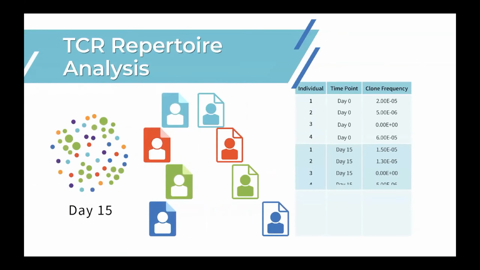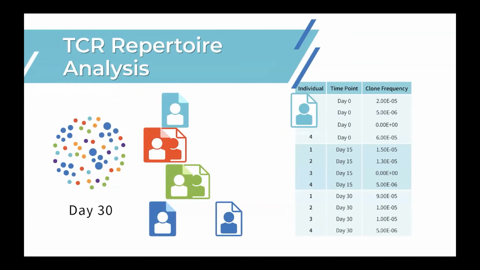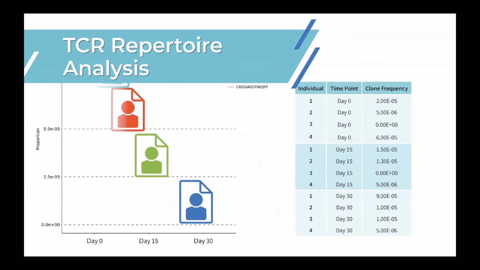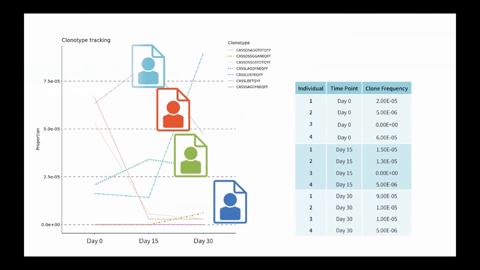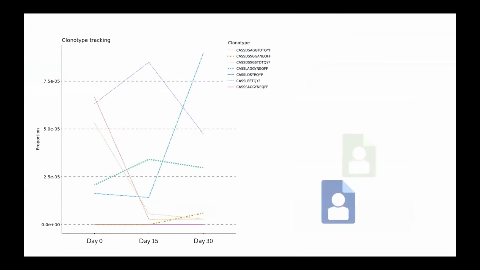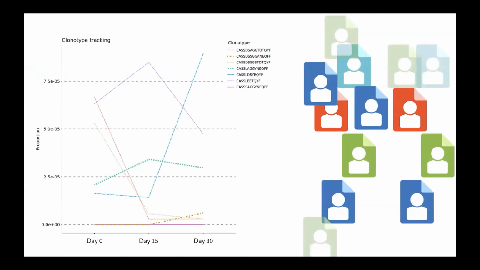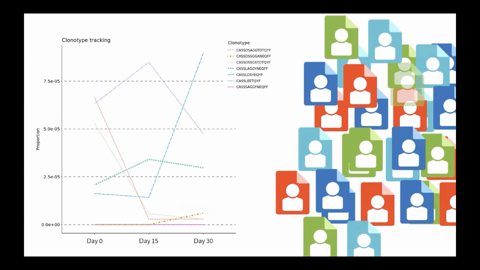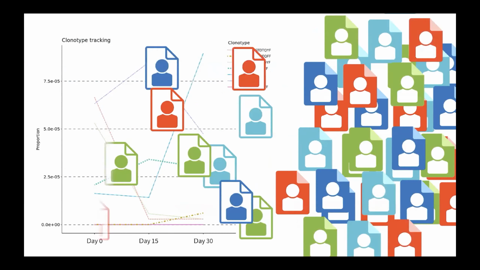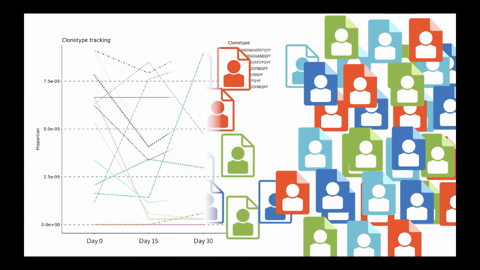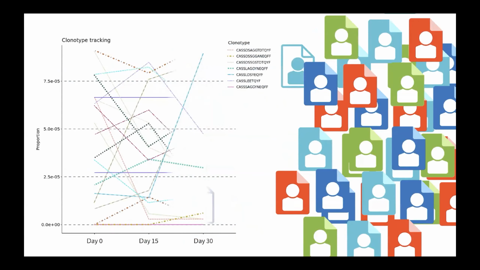Blood was sequenced at day 0, 15, and 30, and we applied the ClonoMap clone tracker to look at how the clones are changing over time. Because of the scalability of the platform, you can apply this to a large cohort of individuals, and over time build cohorts with the metadata and apply this to other immune signature algorithms that we are working on.